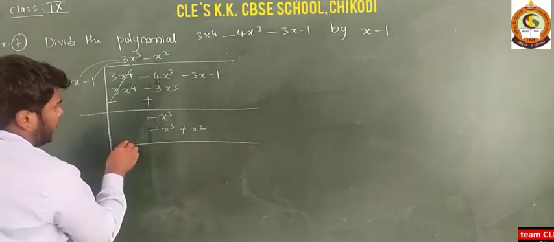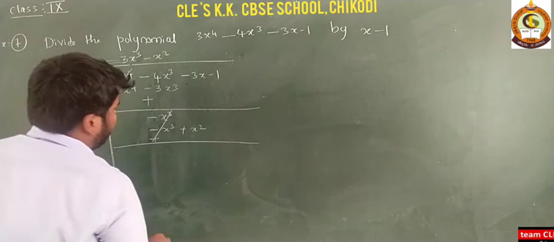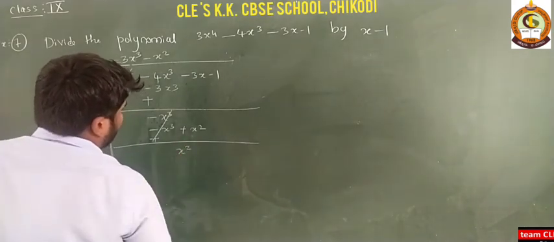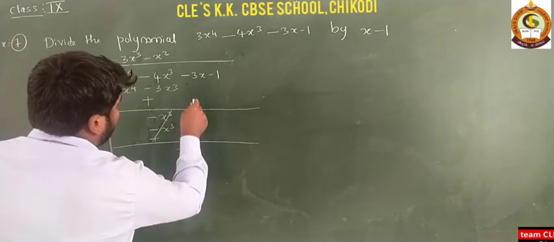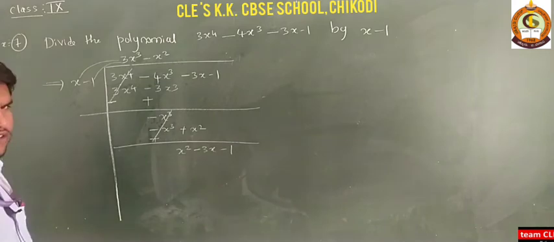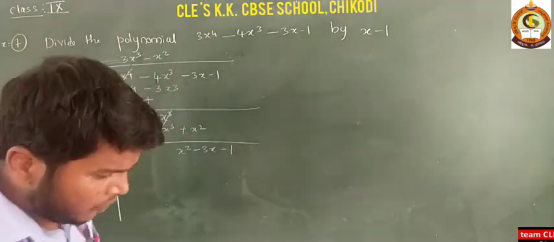So minus will become plus and this will get cancelled, and what remains is only x square. Okay, so remaining is x square minus of 3x minus of 1. So these terms are remaining, that is x square minus 3x minus 1.